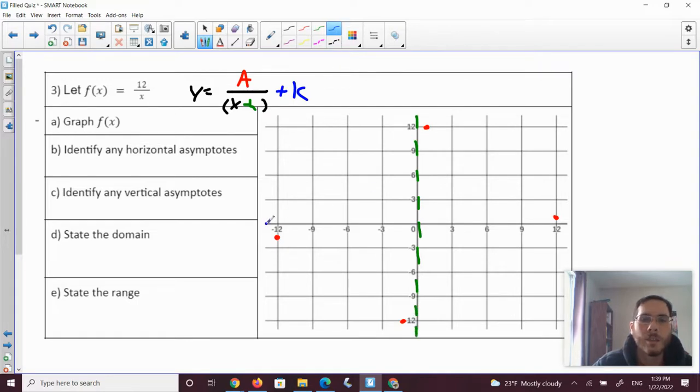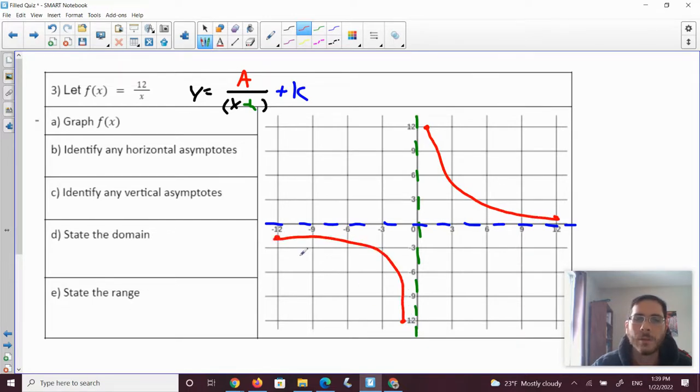And then since k is 0, I have another asymptote here, because I'm not moving the graph up or down at all. And now I just get to kind of connect my dots with the nice little swoops. So there we go. Put my arrows in to make it look even nicer.